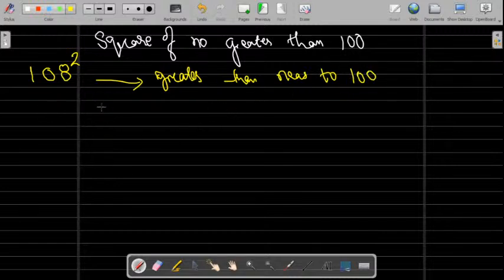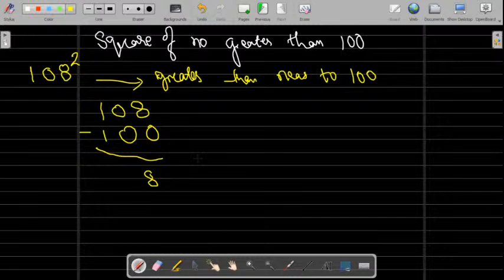For 108, you subtract the 100. So we get the difference. How much? 8, right? The difference will be 8.